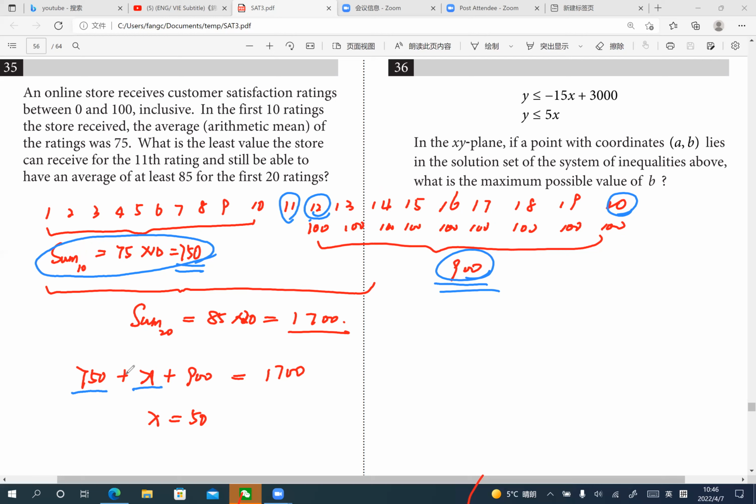We use x to represent the value of the 11th number, plus the last 9 numbers, the sum is 900, should be equal to the total of all 20 ratings, which is 1,700. Then we solve this equation, x equals 50.